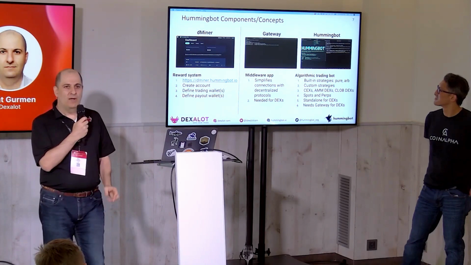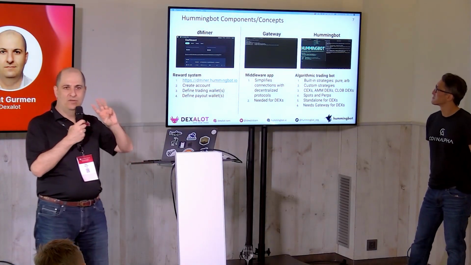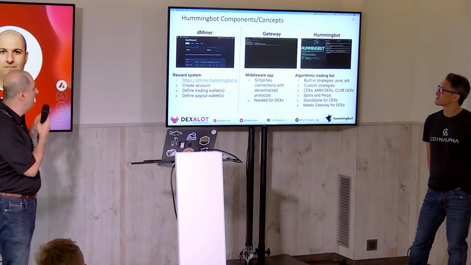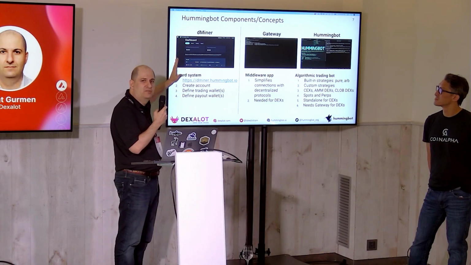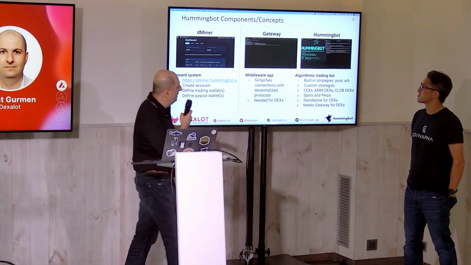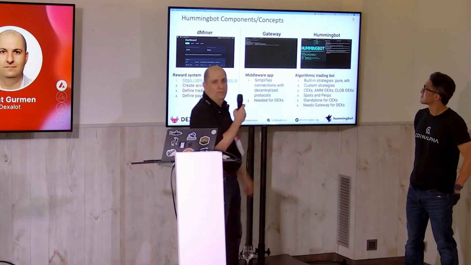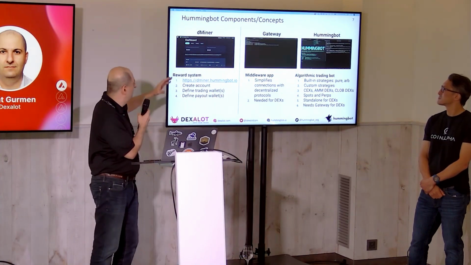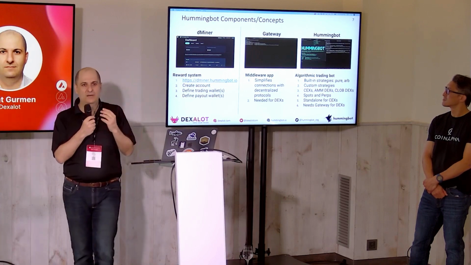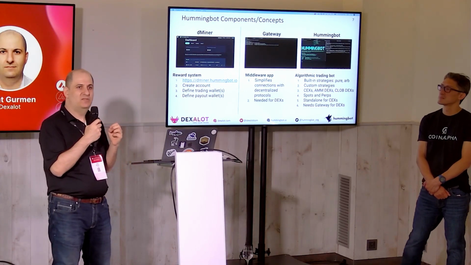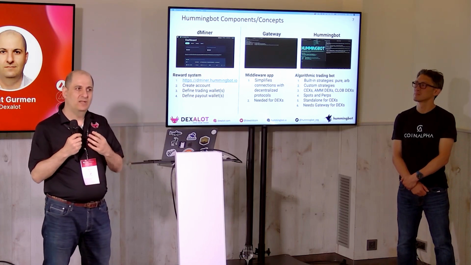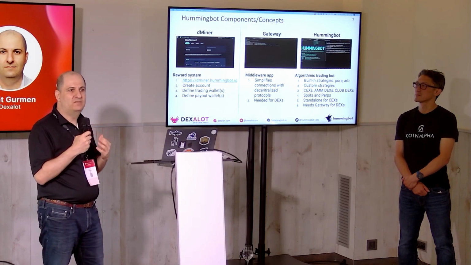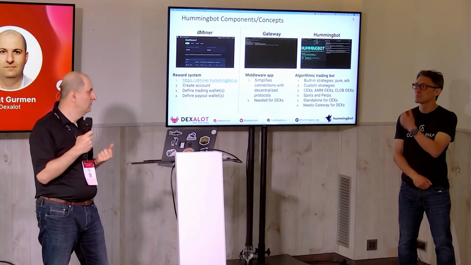So Hummingbot has three main components and three basic concepts. One is the miner, the D-miner side, which is a reward system. And then on this side, Gateway and Hummingbot itself. So D-miner, or the miner, is a reward system essentially funded by an ecosystem project or the project itself to incentivize executions.